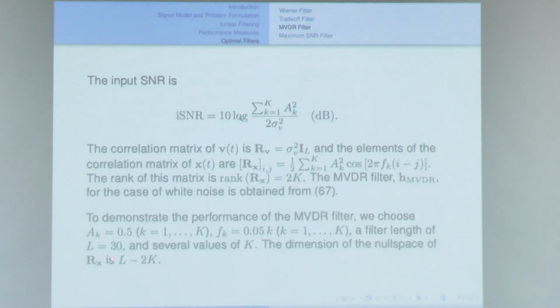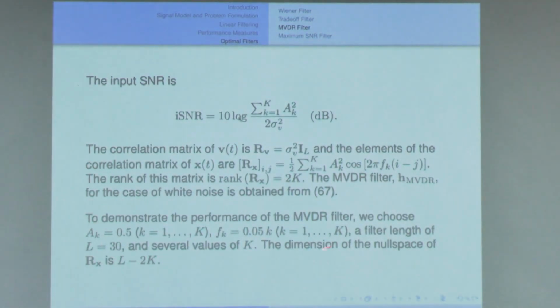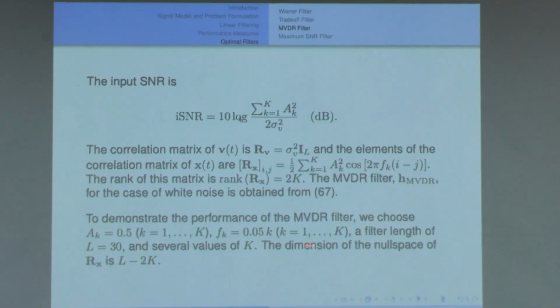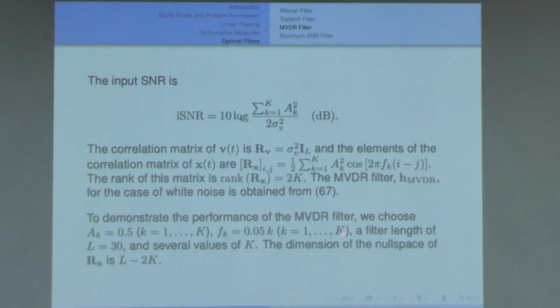Then we take L equals 30, and we want to see what the effect of changing K is on the noise reduction. If we take the MVDR filter, what is the effect of K on the signal distortion?